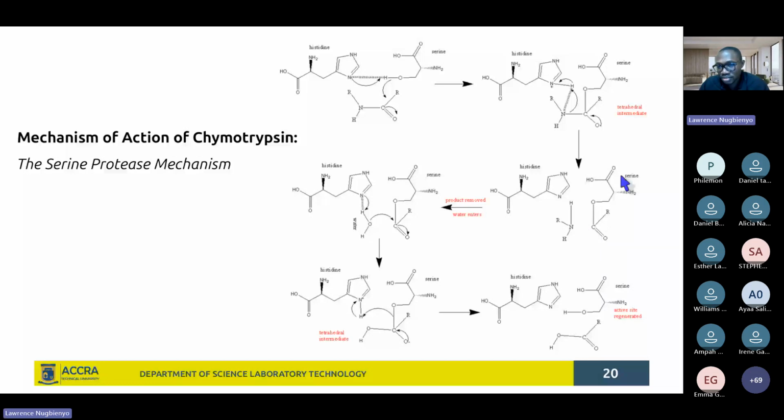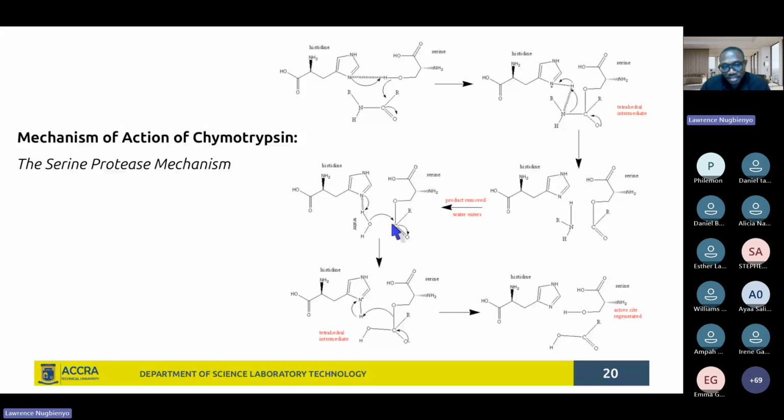And the side of the protein that was having the amine group, the N-terminus in that peptide bond formation, is freed. Now it's left with this side of the protein with a carboxylic acid group, which is on this serine residue to be removed.